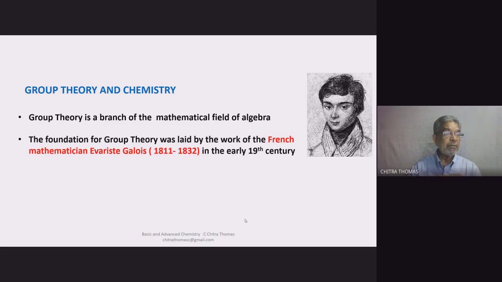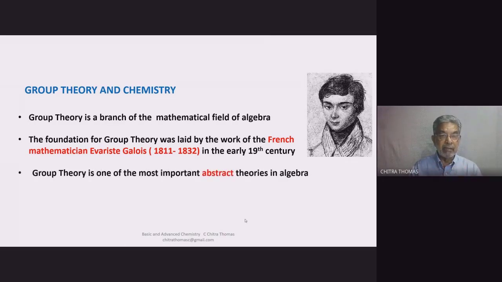The foundation for group theory was laid by the work of the French mathematician Évariste Galois, 1811 to 1832, just 20 or 21 years, in the early 19th century. Group theory is one of the most important abstract theories in algebra.